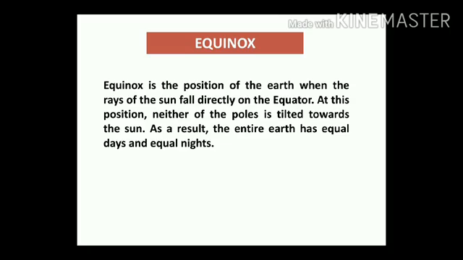The opposite is the case on 21st March, when it is spring in the northern hemisphere and autumn in the southern hemisphere. So students, from this we can understand that days and nights and changes in the seasons happen because of the rotation and revolution of the earth respectively.